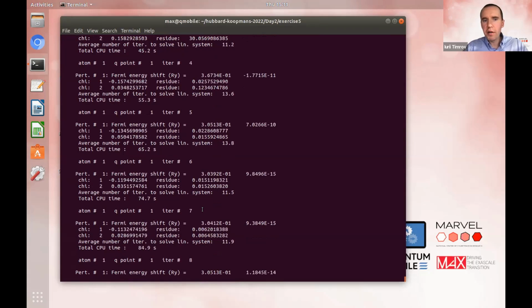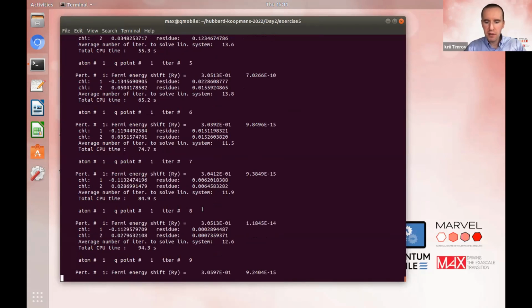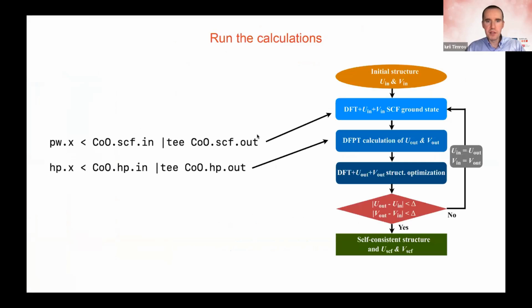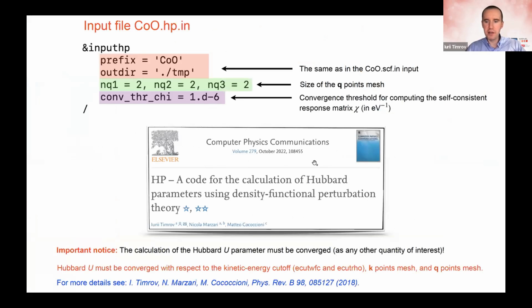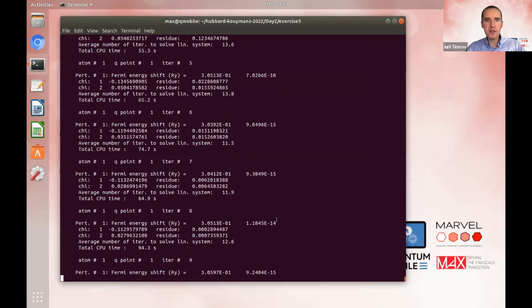These Q-point calculations are independent, so you can parallelize the calculation over Q-points. This is not done automatically, but you can do it by hand. Check the paper that I showed you before, this one, where it's explained how to parallelize the calculation over Q-points. So we can run 4 Q-points simultaneously, and we can save human time.